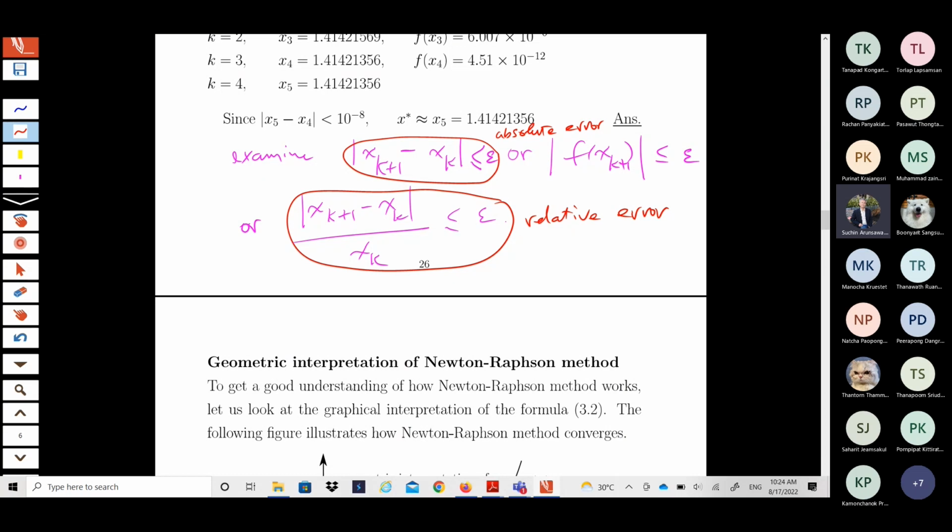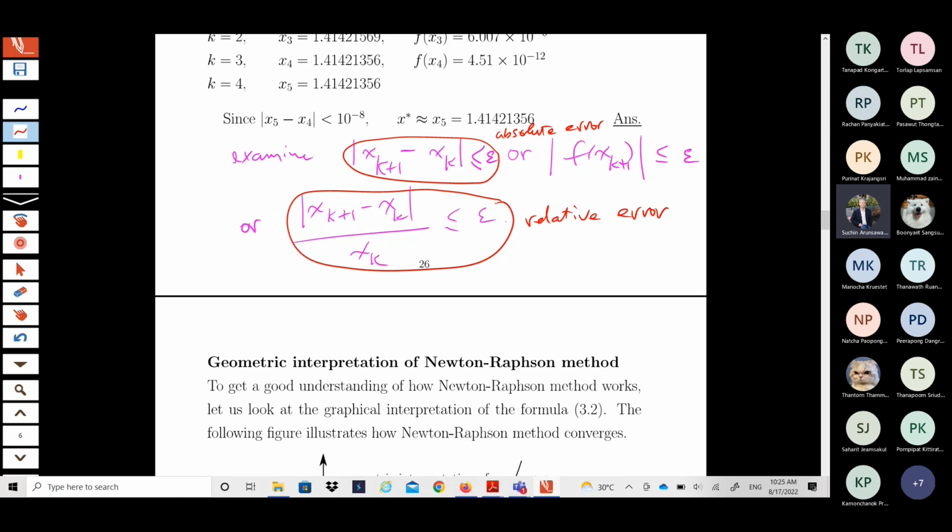In the absolute form, when we look at the absolute error, this is good if the solution x star is close to zero. But the relative error is good if the solution x star is not close to zero.